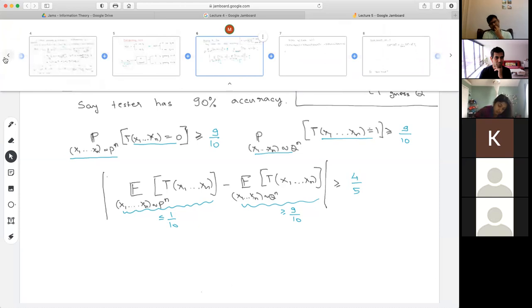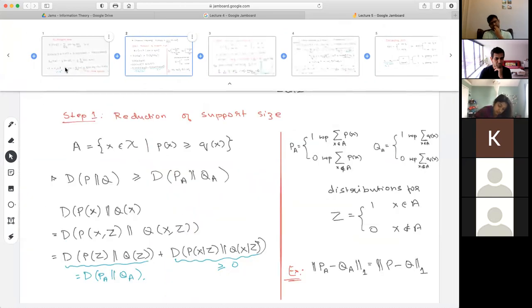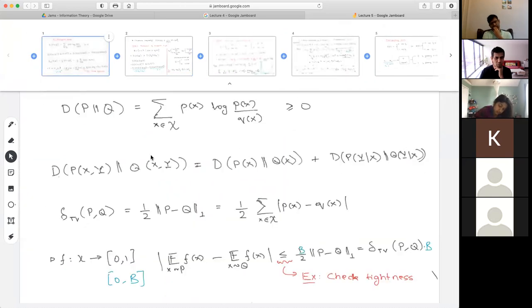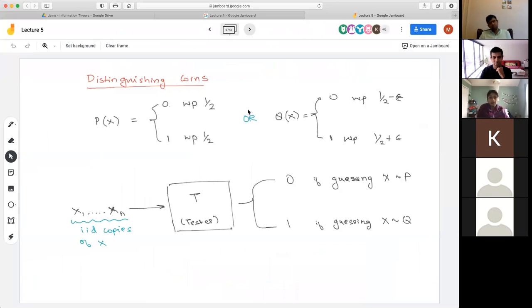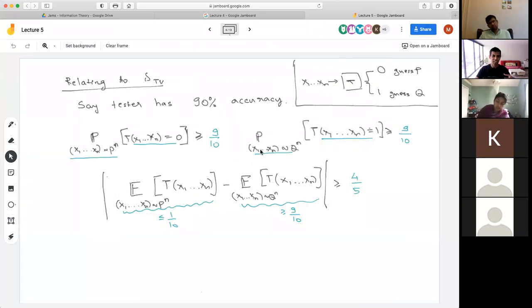Just to remind you of the statement: if you have any function which looks at one sample, the expectations differ by at most the statistical distance between the two distributions, P and Q. And now we just changed the definition of what it means to be a sample. A sample, for this test, is n independent tosses of the coin. So that's just what we will call one sample.